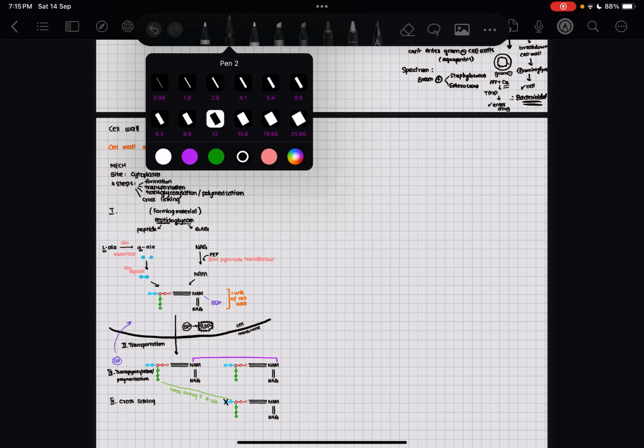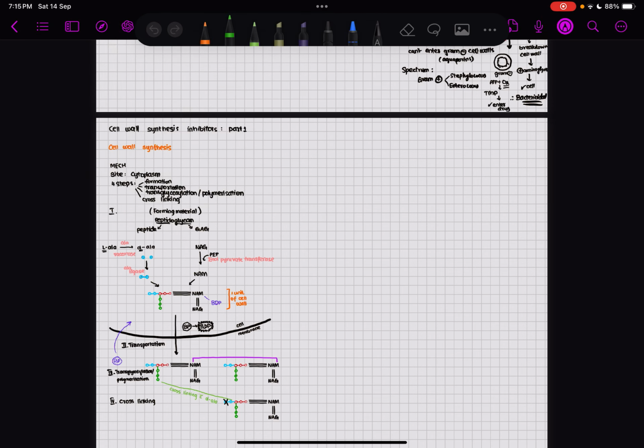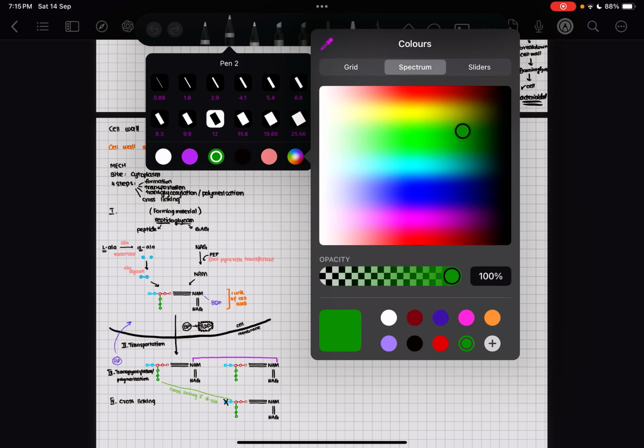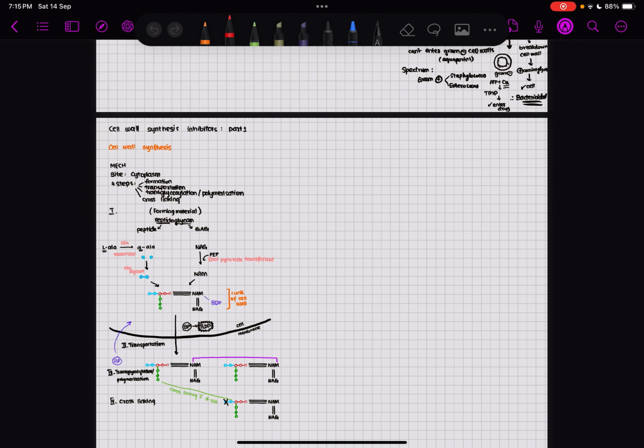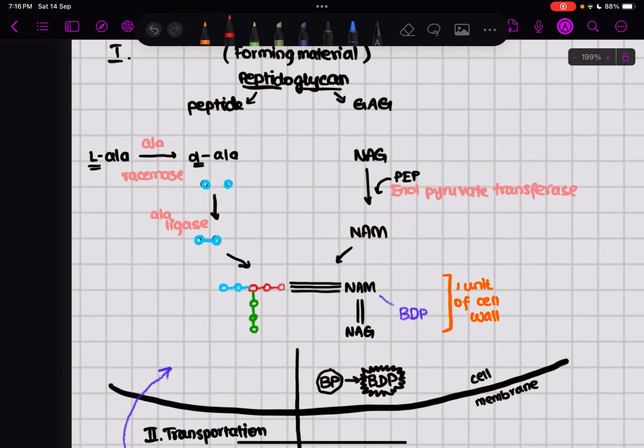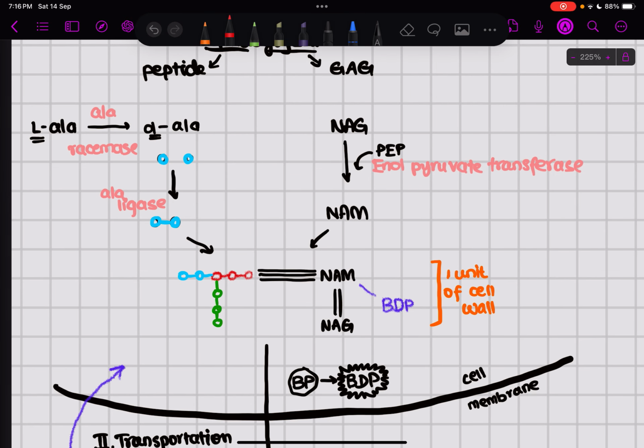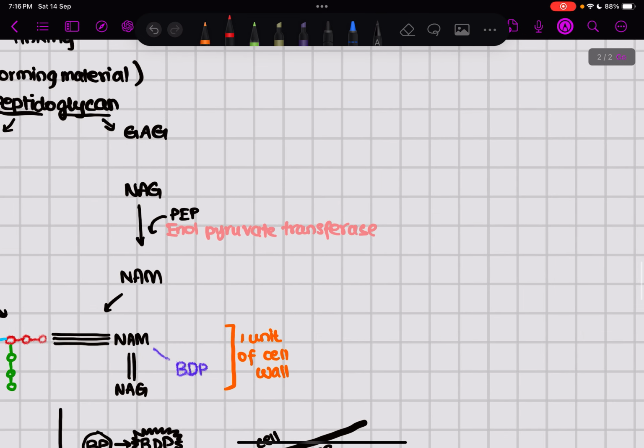For inhibition we do it with the red color. This inhibition happens, first we will look at this one, phosphoenol pyruvate. Instead of it we use its analogs, phosphoenol pyruvate analogs.